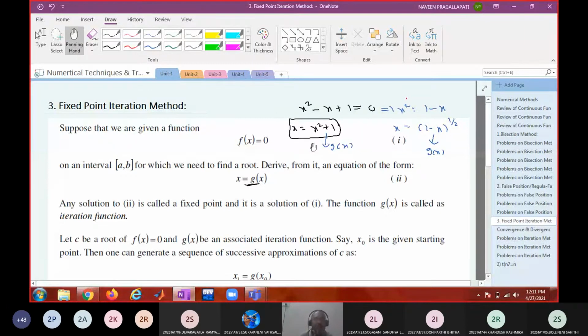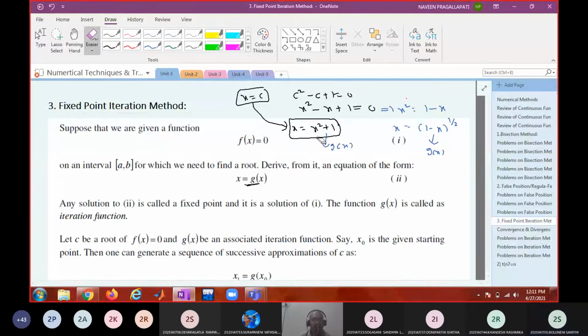Do you agree? See, what do you mean by a root of the equation? Something which has to satisfy the equation. If I want to say x equal to c is a root, it has to satisfy it, that means c square minus c plus 1 equal to 0. So this also will satisfy the other equation, right? When x equal to c satisfies this equation, x equal to c also satisfies the other equation, because I'm just writing the equation in another form.